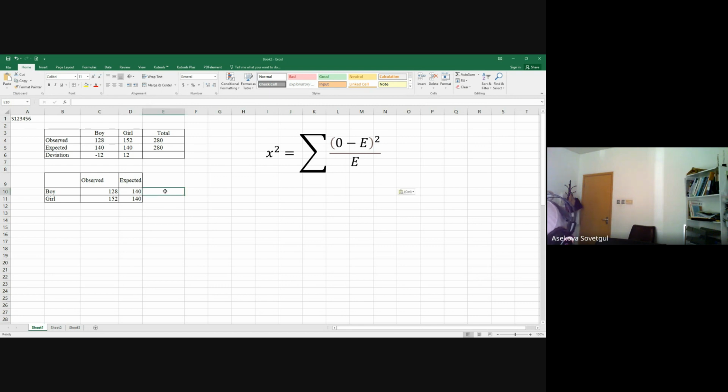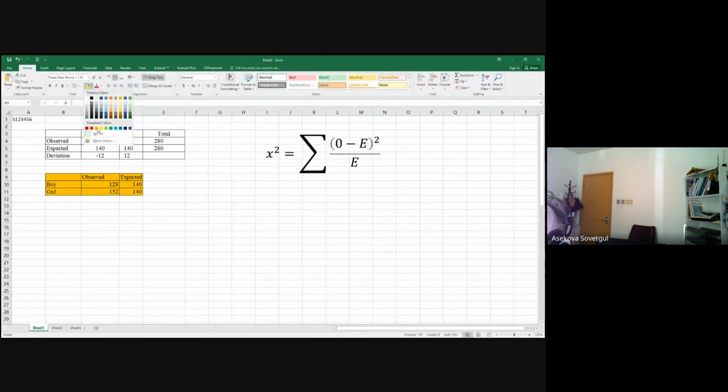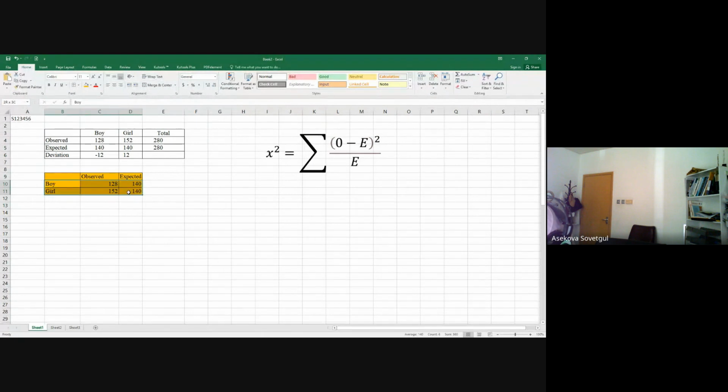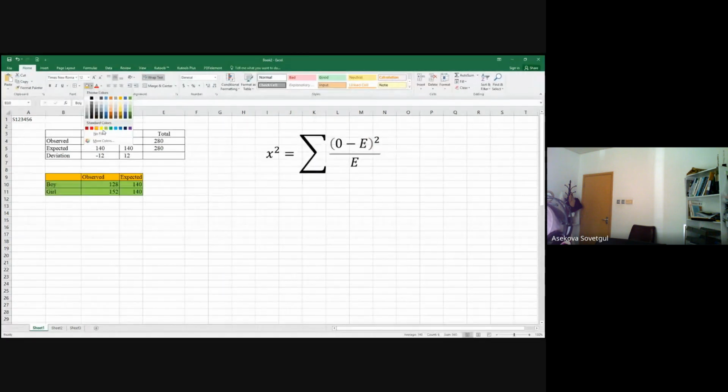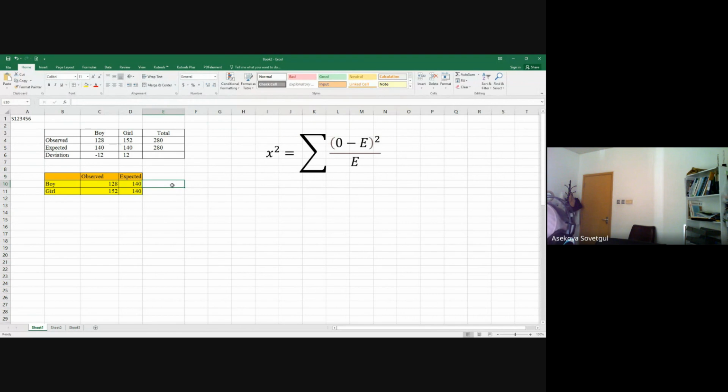So the reason why not this one, but this one, is that I like this way. Let me just highlight. So here I will calculate. For the first category, for the boy, let's calculate it.